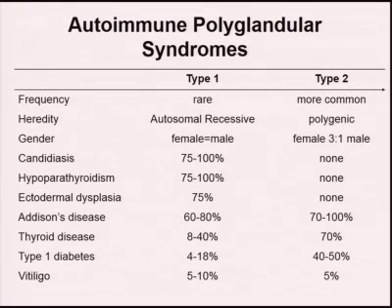Type 2 is a far more common form of autoimmune polyglandular syndrome. It has the female predominance compared to males. It's really characterized by the presence of Addison's disease or primary adrenal insufficiency, but thyroid disease is the second most common autoimmune condition. And notably, to distinguish between them, some of the features up here are basically not observed in type 2, whereas they're very characteristic in type 1.